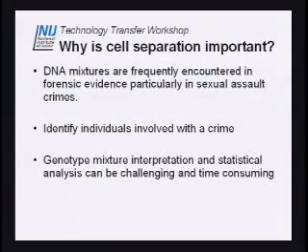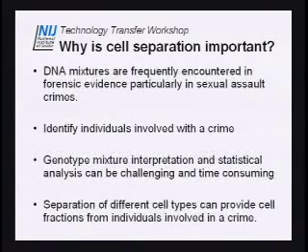The idea is that we want to identify individuals involved in the crime. Genotype mixture interpretation and statistical analysis can be challenging and time-consuming, especially when you have mixed genotypes. So the idea is that separation of the different cell types can provide cell fractions from individuals involved in the crime. That's what we're here for.